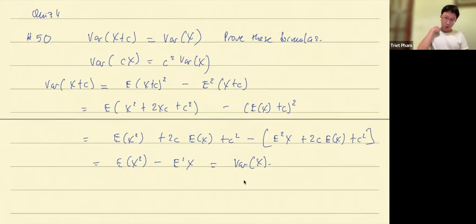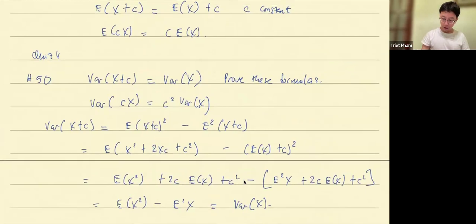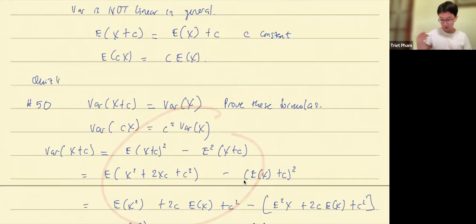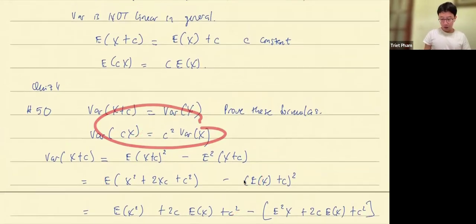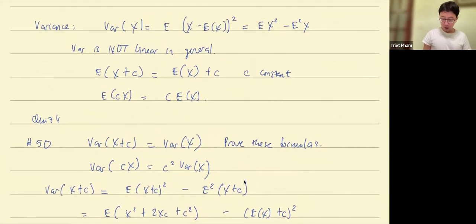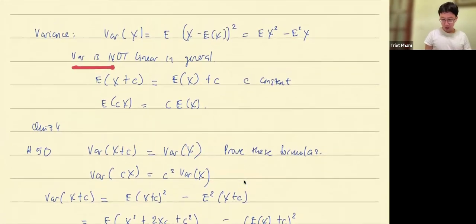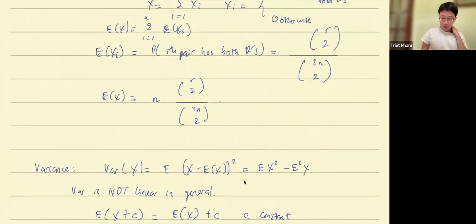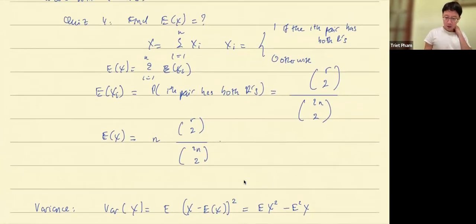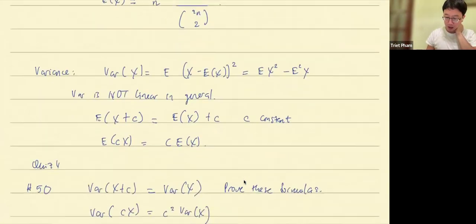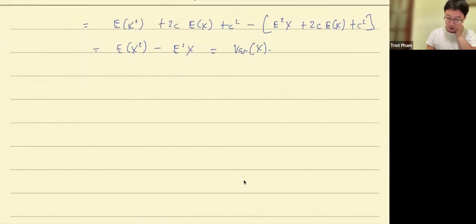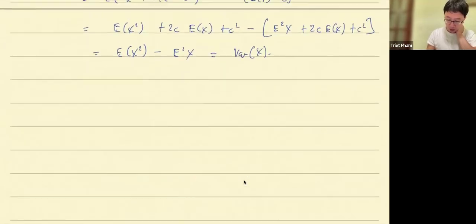Now, what we want to highlight here is not even these formulas. You should know them by heart and prove them very quickly. What we want to focus on is that variance is not linear in general, especially when it comes to sums of random variables, because we'll be dealing with them a lot in this class. So how do we handle it?